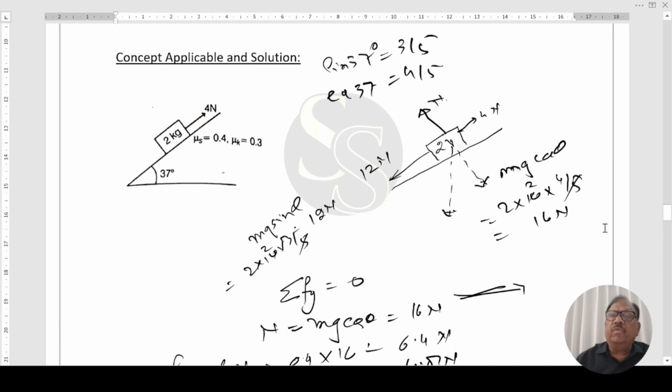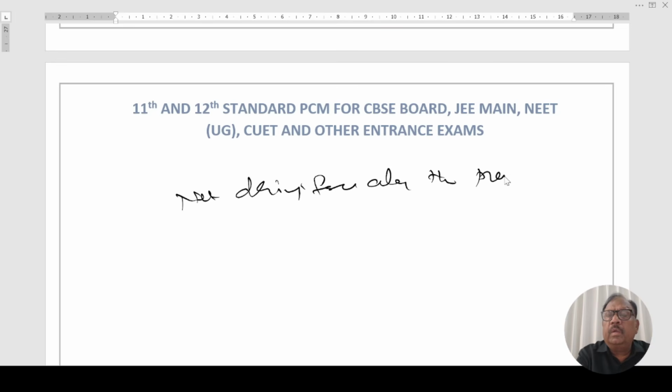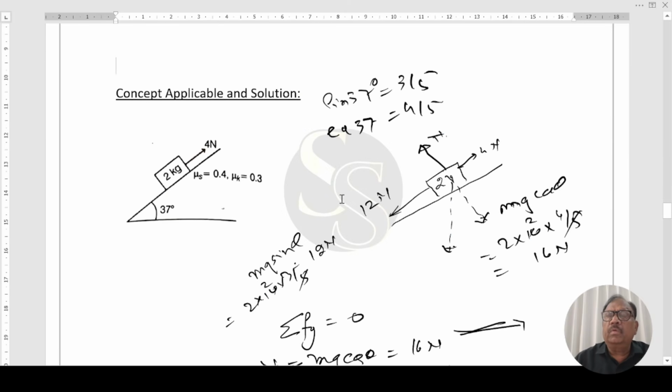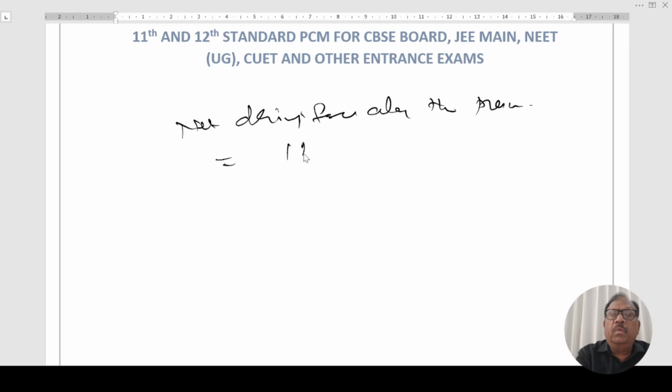Now, net driving force along the plane will be equal to, this is 4, and this is the mg sin theta component. So this comes out to be 12 minus 4, that is 8 Newton.